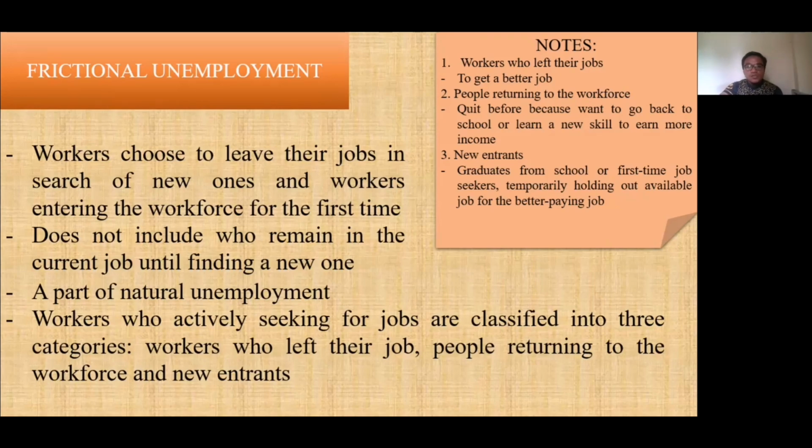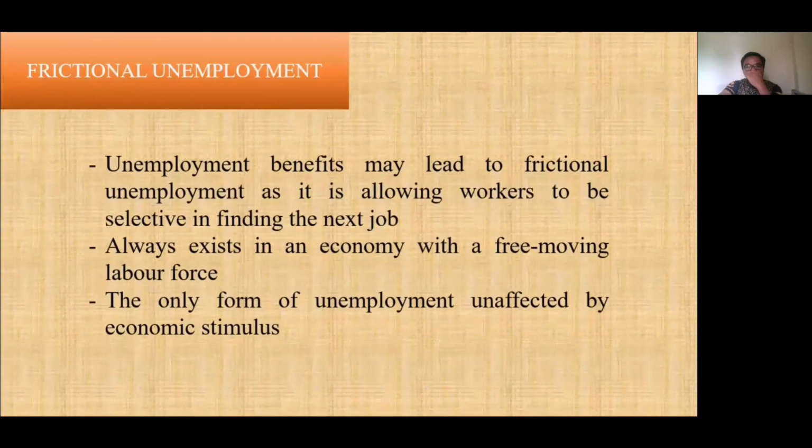And the third one is new entrants. Entrants means those who are graduates from school or first-time job seekers temporarily holding out for a better paying job, means that there is already an available job, but they want a better paying job, so they hold out for the better paying job.